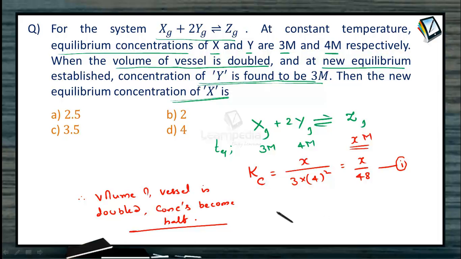Let us now write the concentrations of X, Y and Z the moment the volume is doubled. For the system X plus 2Y giving Z, the concentration of X, which was 3 M, now becomes 3M by 2, for Y it will be half of 4 M, and for Z it is xM by 2. M represents the molarity. So these are the new concentrations the moment the volume of the vessel is doubled.